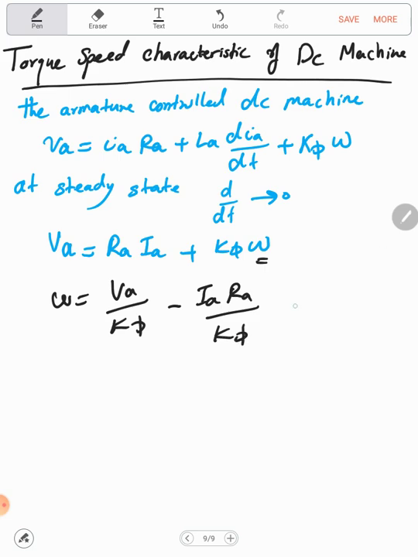Now, also, the torque is proportional with IA, so the torque is equal to K phi IA.